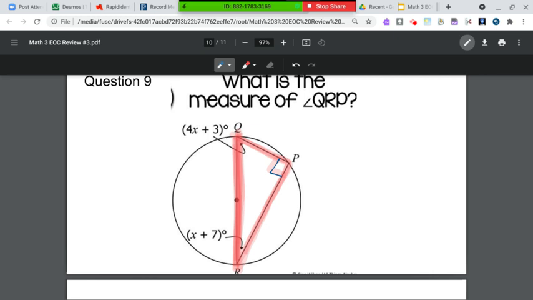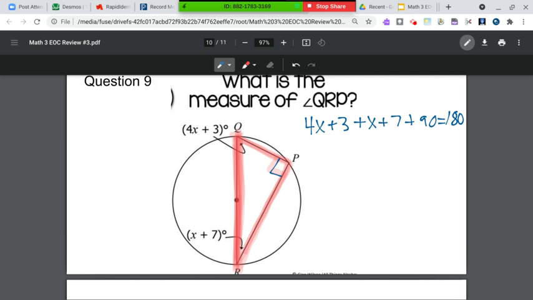That's a 90-degree angle. That means that 4x + 3 + x + 7 + 90 adds up together to 180. That's all 3 angles of the triangle, 180 degrees.